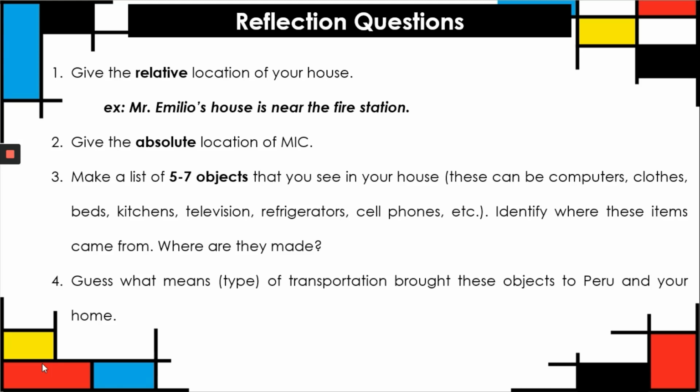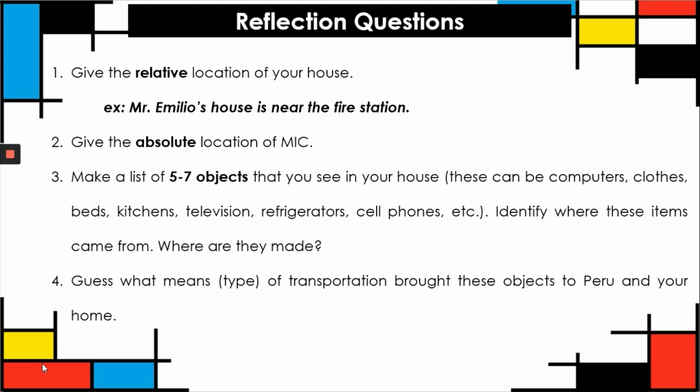Then the last question is I want you to guess what means of transportation brought these objects to Peru and your home. For example, you know that the iPhone is made in China, so I'm pretty sure for these phones to go from China to the States, they use airplanes or boats, and then Apple sends phones to Movistar, to Claro, to Entel through, again, boats or airplanes.